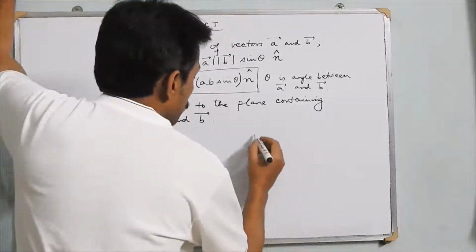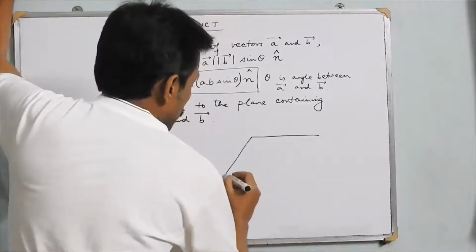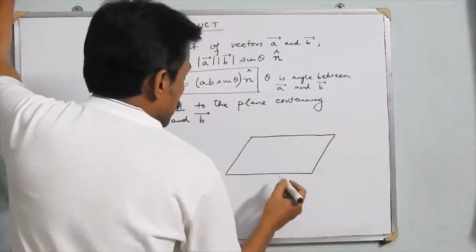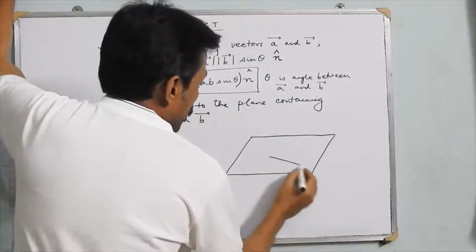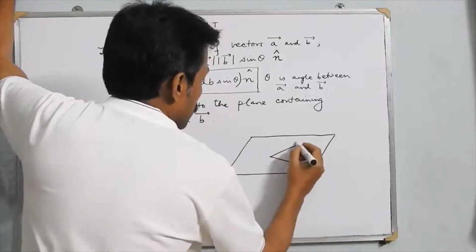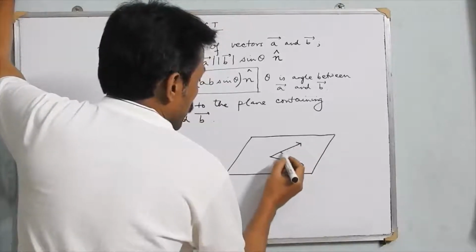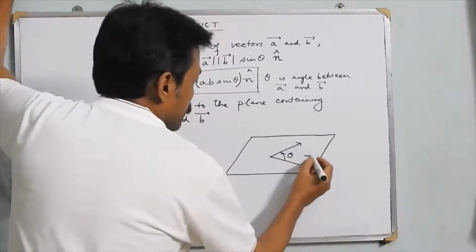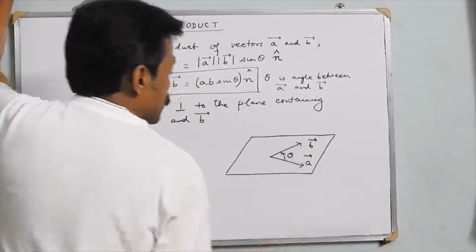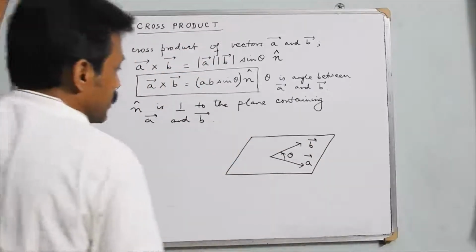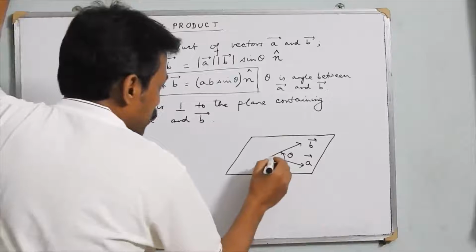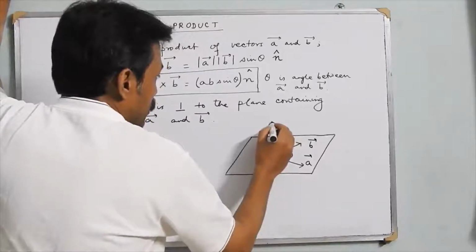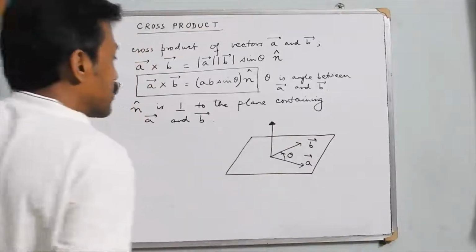Suppose this is a plane which contains A vector and B vector. Suppose this is A vector and this is B vector. They are inclined at each other at some angle theta. So A cross B is a vector whose direction is perpendicular to this plane in which A vector and B vector are present.